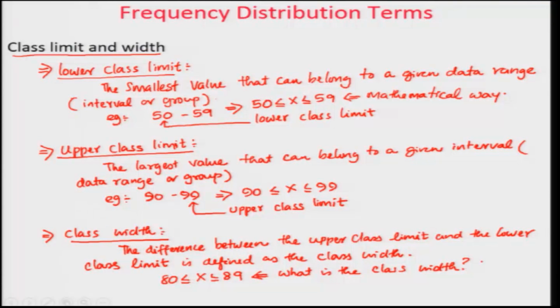Please remember this question, and I expect you to answer it as part of your homework. I have given you the definition that it is the difference between the upper class limit and the lower class limit, so what is the class width of the class where 80 is less than or equal to x less than or equal to 89?